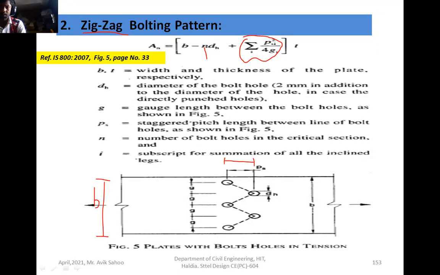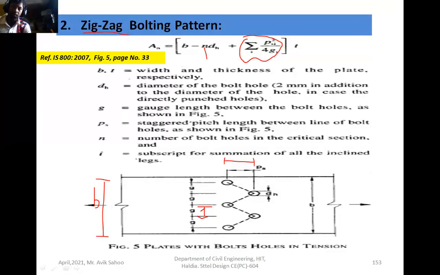And similarly, in the zigzag pattern, G is the gauge distance, the center to center distance between two bolts in the direction perpendicular to the forces. So we see that this one is the G. These things we have already explained in bolting connections.